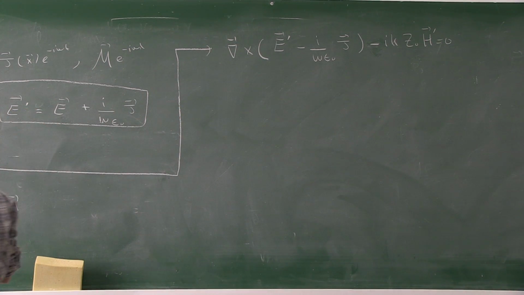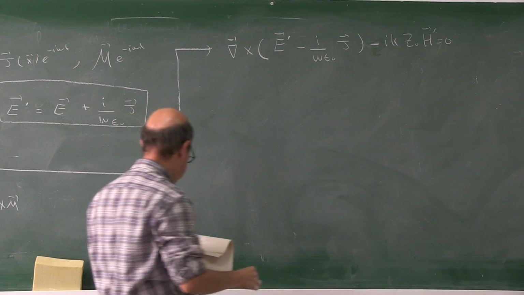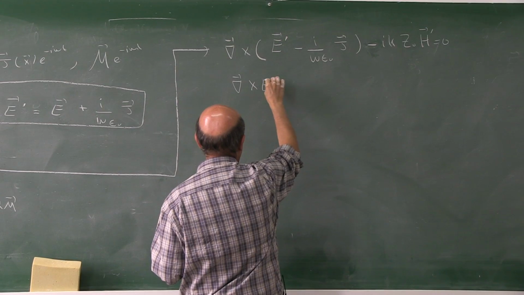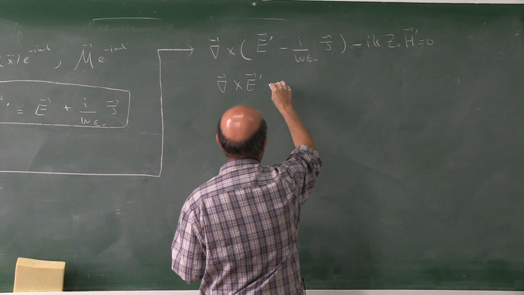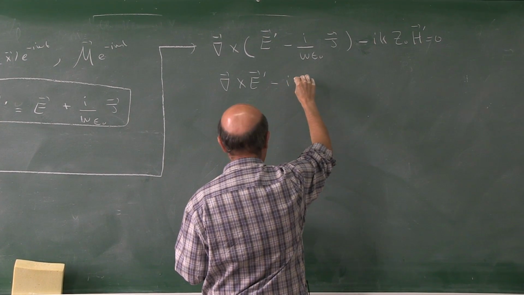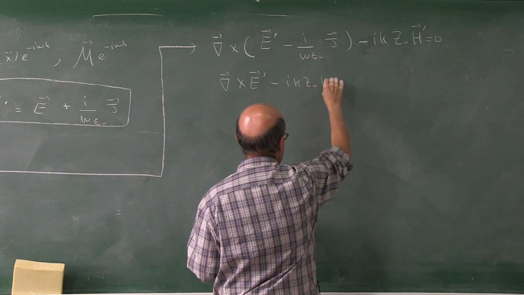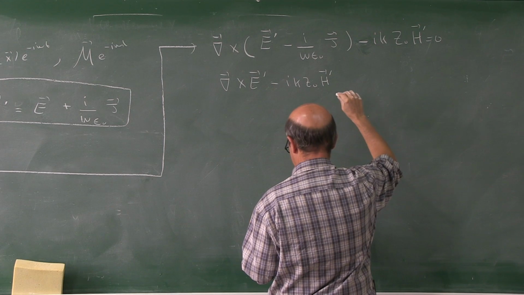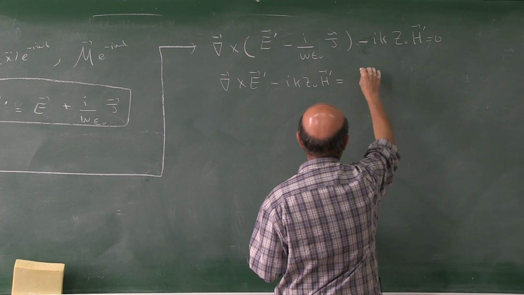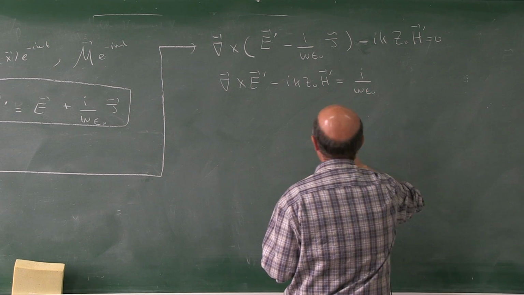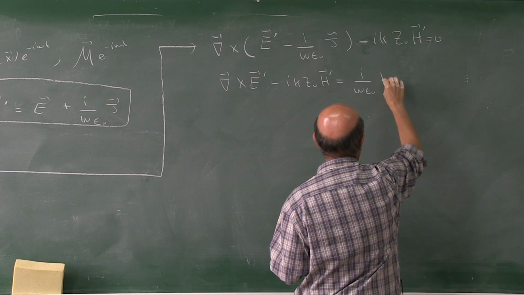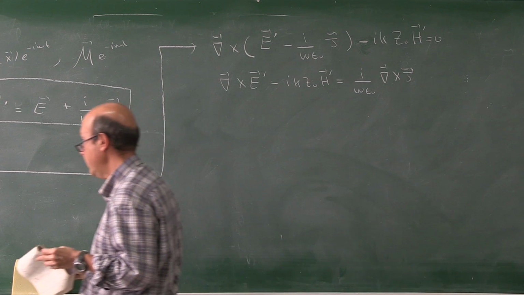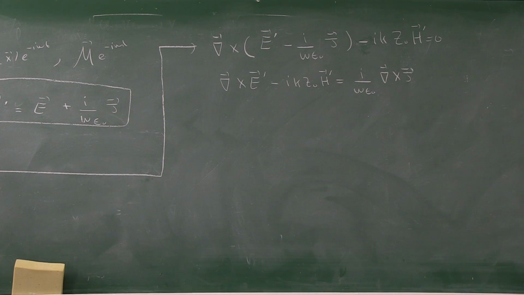So basically this is nothing but the following: curl of E prime minus I k Z0 H prime is equal to I over omega epsilon 0 curl of J. So I write all Maxwell's equations with the primes.